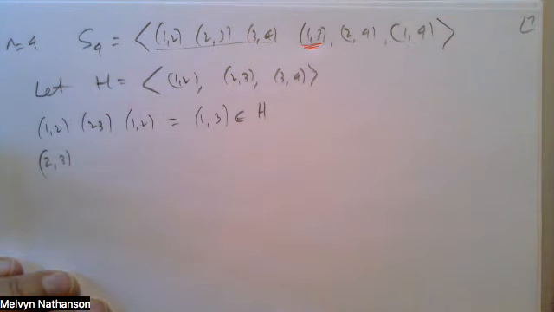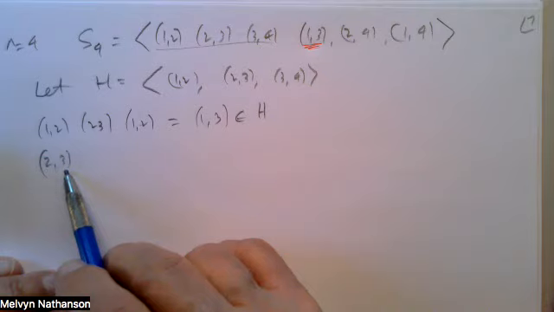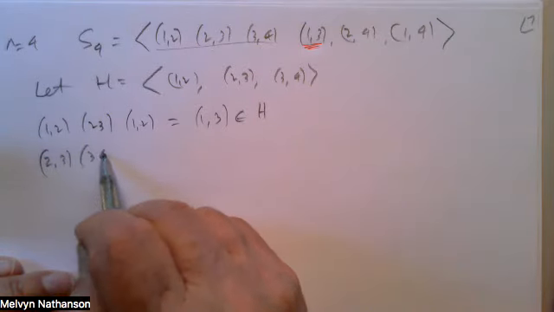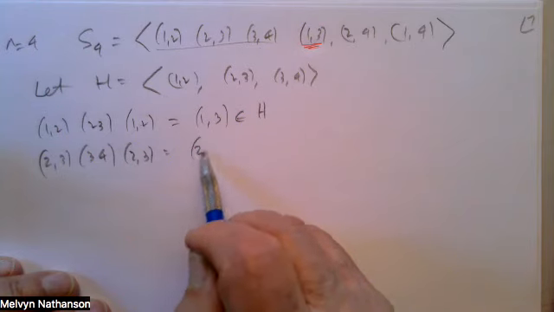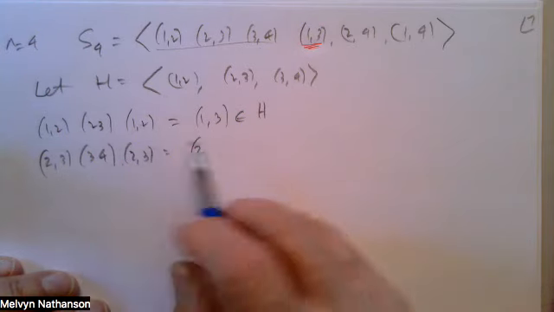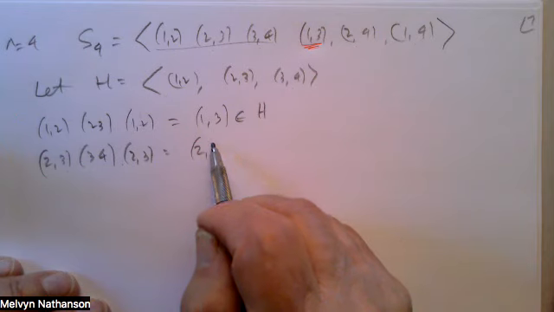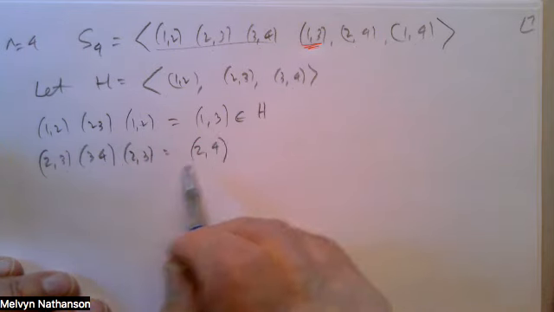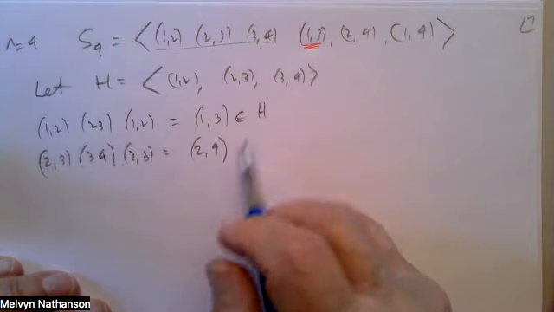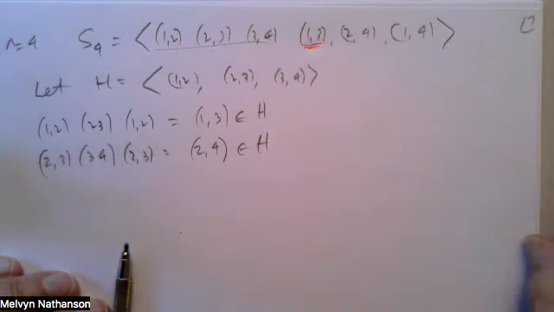Let me think for a second. Let's say I take (2 3), (3 4), and (2 3). This sends 2 to 3, 3 to 4, 4 to 4. So 2 goes to 4. 4 goes to 4, goes to 3, goes to 2. That's (2 4). So that's in H.